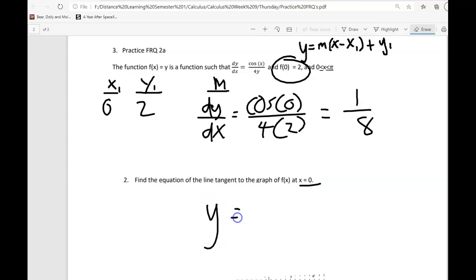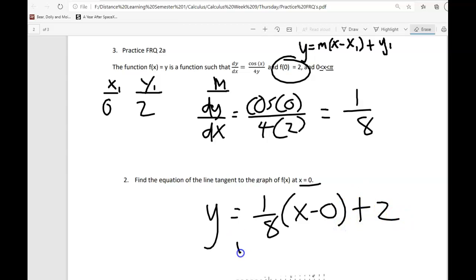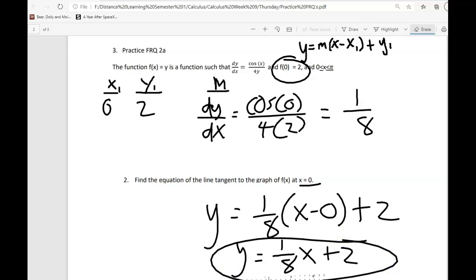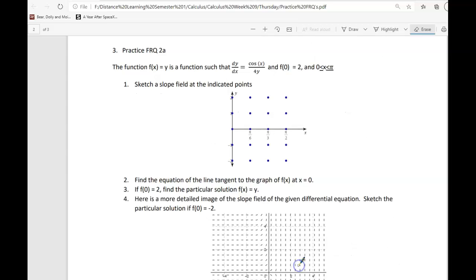And therefore, my final answer is going to be 1/8 x minus 0 plus 2. And that's good enough. If you want to simplify it, you can, but you don't really need to. Okay? So there's that. And that takes care of FRQ 2A.